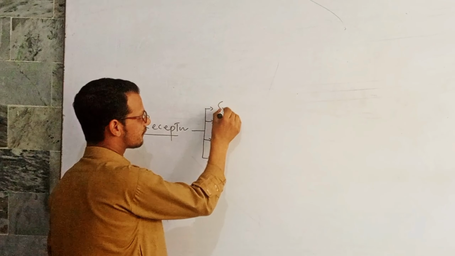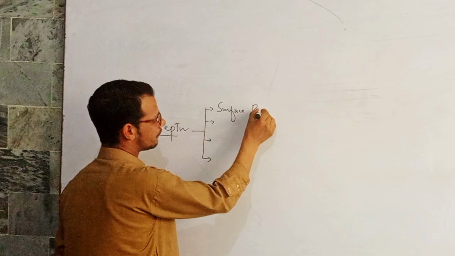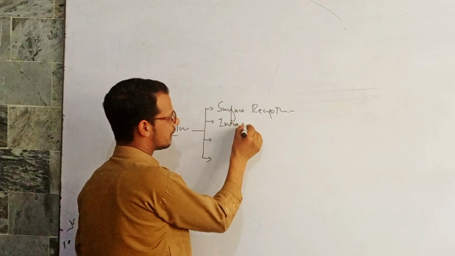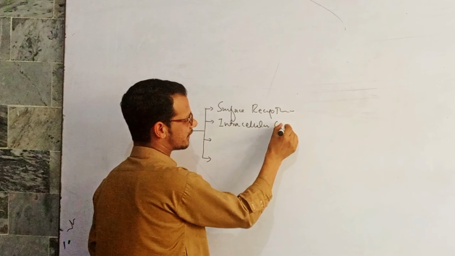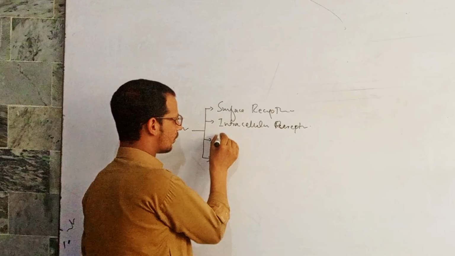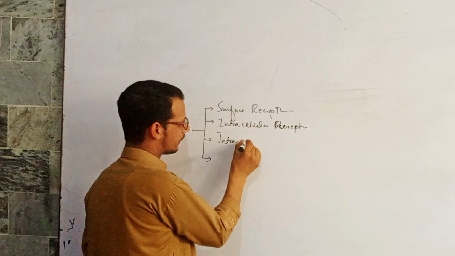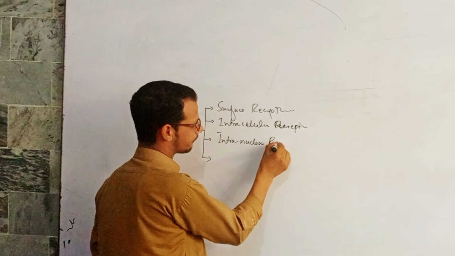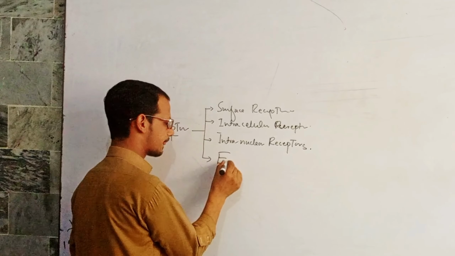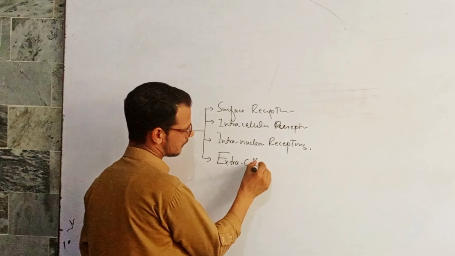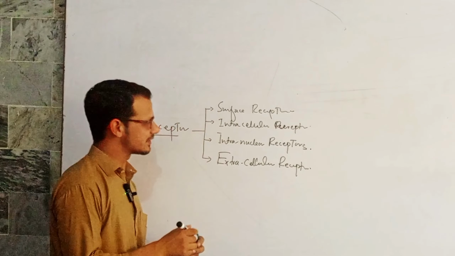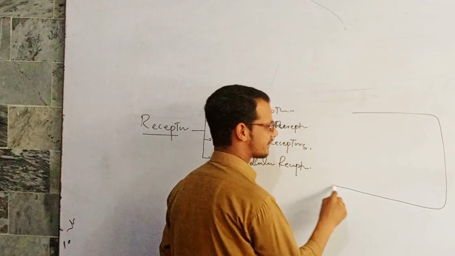One is surface receptors, second is intracellular receptors, also known as cytoplasmic receptors, one is intranuclear receptors, and one is extracellular receptors.